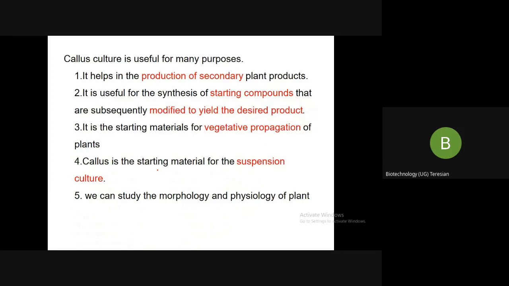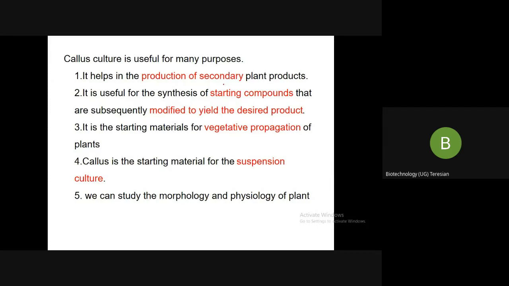Let us look into why we are doing this callus culture. What is its importance? The first one is that it helps in the production of secondary metabolites. I told you there are primary and secondary metabolites.